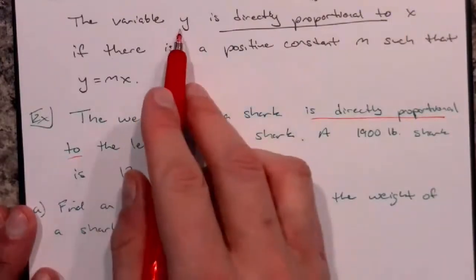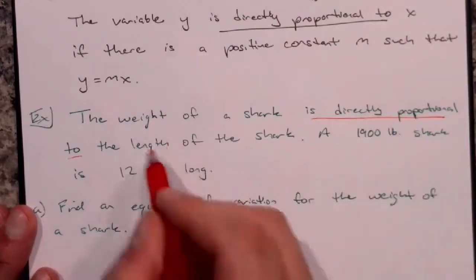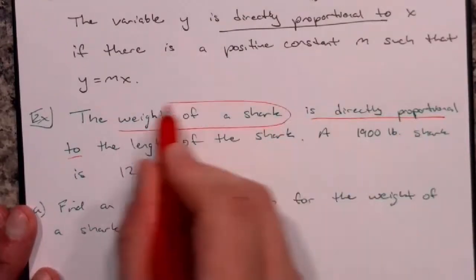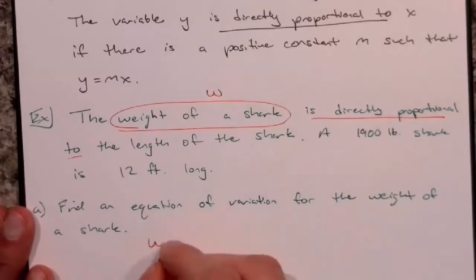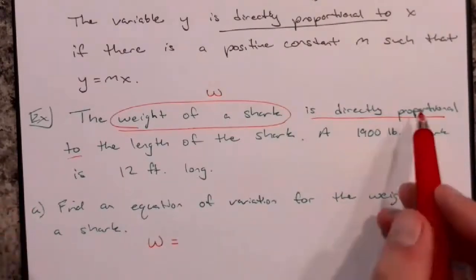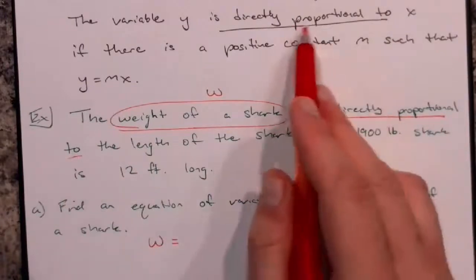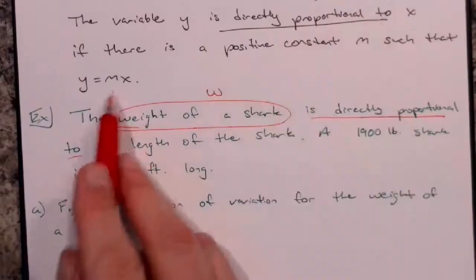The first thing we talk about says the weight of a shark is directly proportional. Well, that's the same as saying the variable y. So for the weight of a shark, I'll use w just for weight. You could call it y like we did above. So w is equal to, and then directly proportional is telling you where to put the constant, like where our m went. So y was equal to m times x.